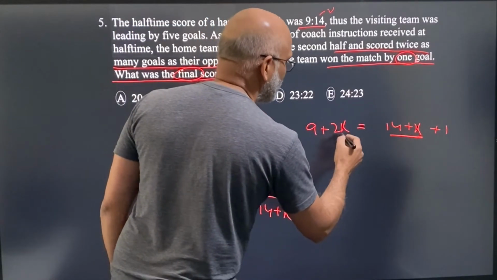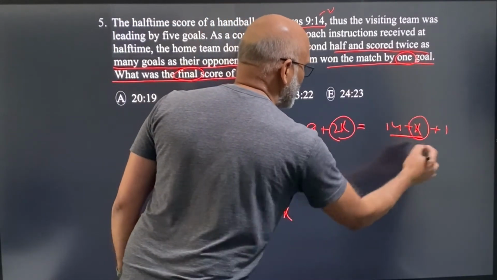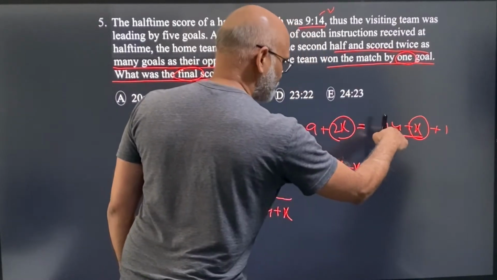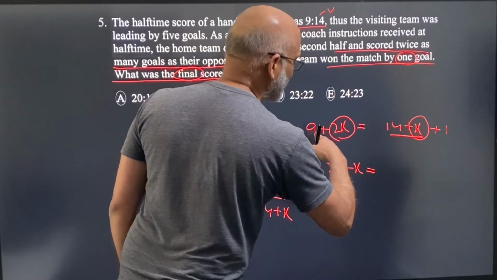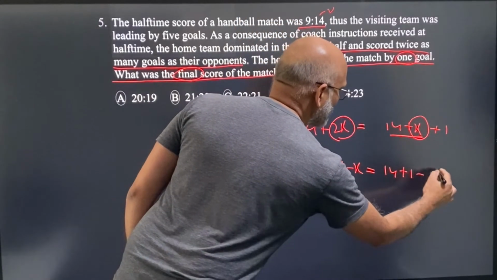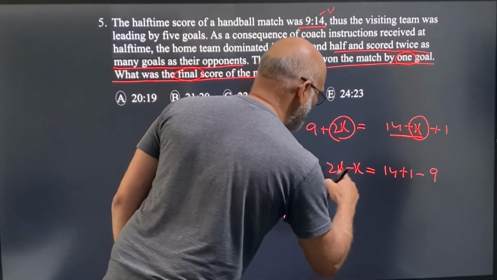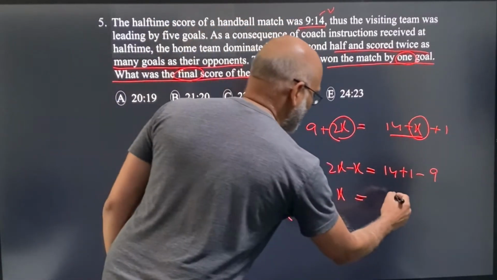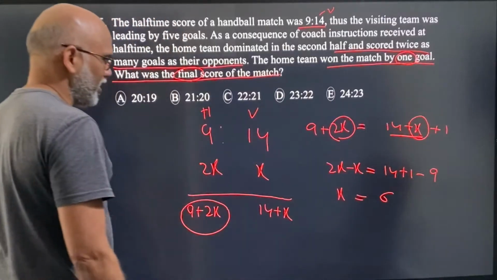So here I'll bring the unknowns to this side. So 2x minus x, and I take the 9 to the other side, so 14 plus 1 minus 9. So 2x minus x is simply x. So 15 minus 9 is 6. So x is 6.